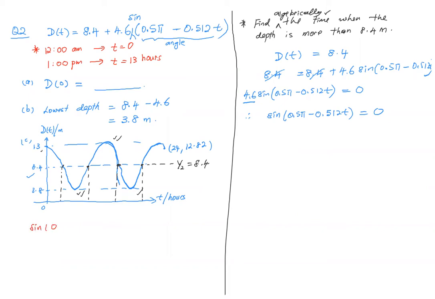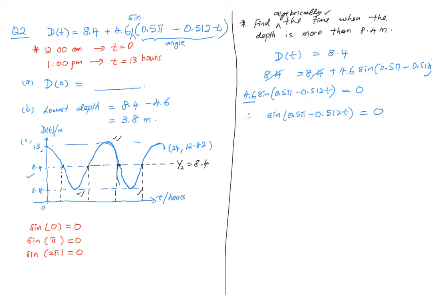Sin 0 equals 0. Sin pi also equals 0. Sin 2 pi also equals 0. Correct? That is for sin.